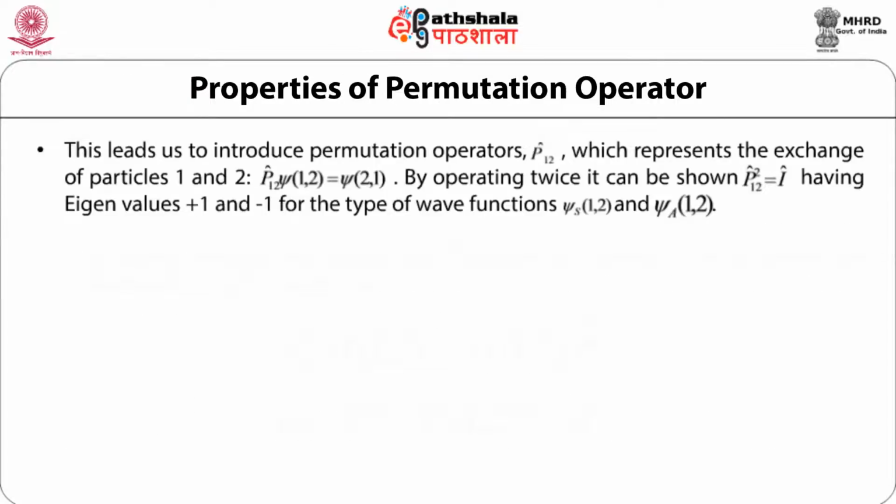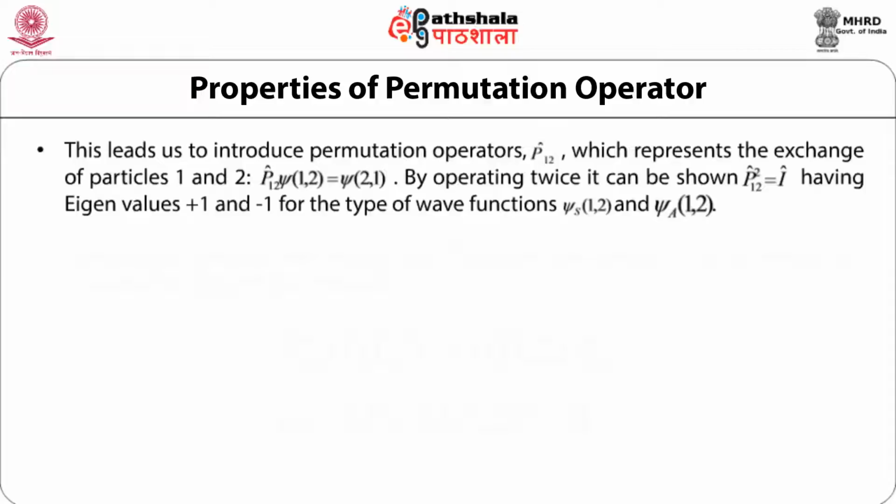This property of the two linear combinations, one being symmetric and the other being antisymmetric under the permutation of the two particles 1 and 2, leads us to introduce the permutation operator P12, which represents the exchange of particles 1 and 2. So, permutation operator P12 acting on wave function psi12 yields the wave function psi21.